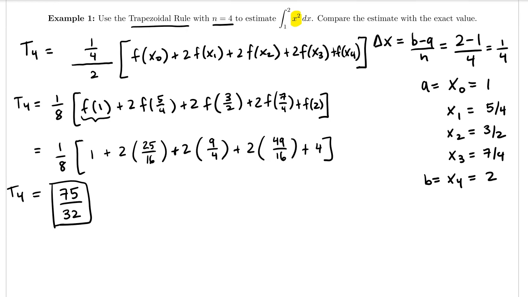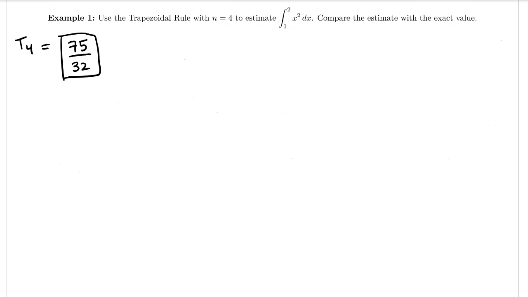The second part of the question wanted us to compare the estimate with the exact value. So let's clean up our screen, and then we'll find the exact value of the definite integral that we started with. Okay, so we have our approximation from when we calculated T sub 4. Now we want to find the exact value, so I'm going to integrate x squared dx, and the antiderivative of x squared is x cubed over 3.